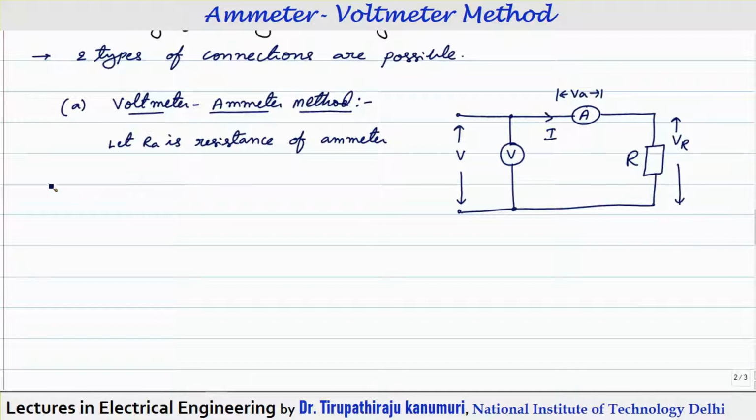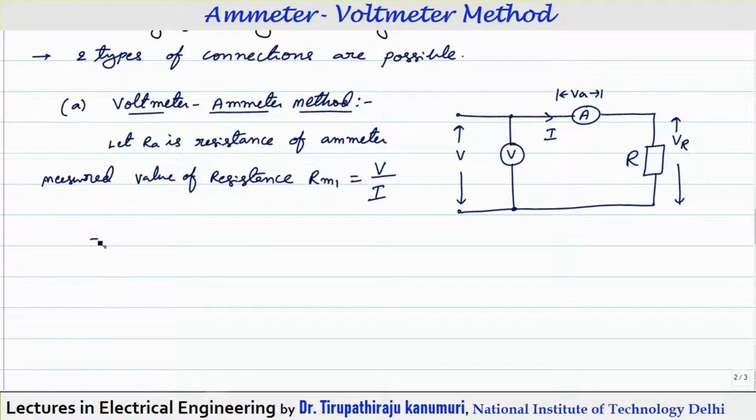So we can calculate the measured value of resistance. I represent that by R measured, which is equal to the voltmeter reading divided by the ammeter reading, the current measured by the ammeter and the voltage measured by the voltmeter. What is the actual voltage measured by the voltmeter?